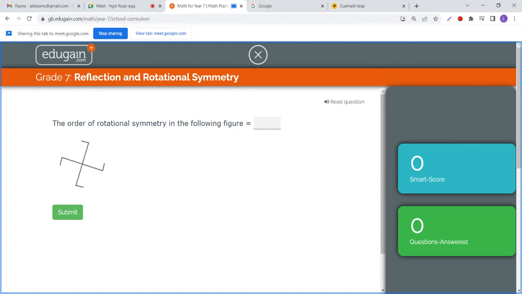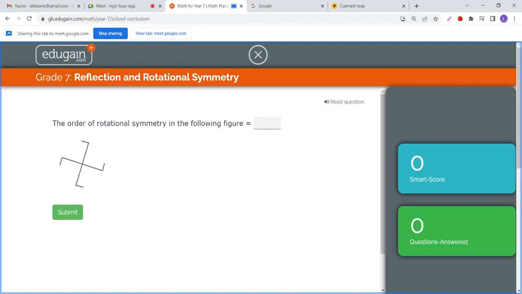The order of rotational symmetry in the following figure. How do I show it? No, you just need to tell.